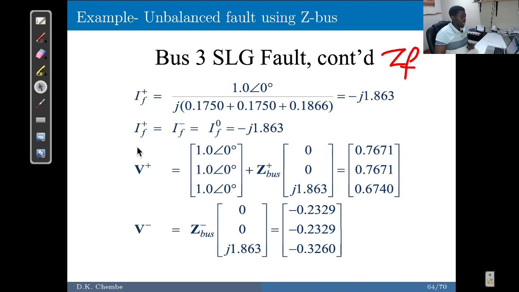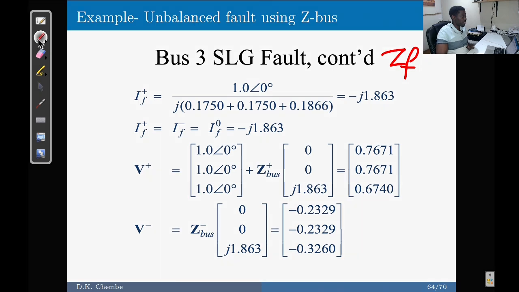The voltages are obtained from, remember we had, V positive sequence is going to be equal to your V plus Z I bus.